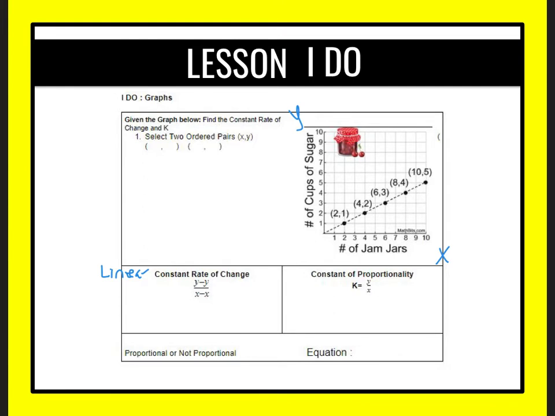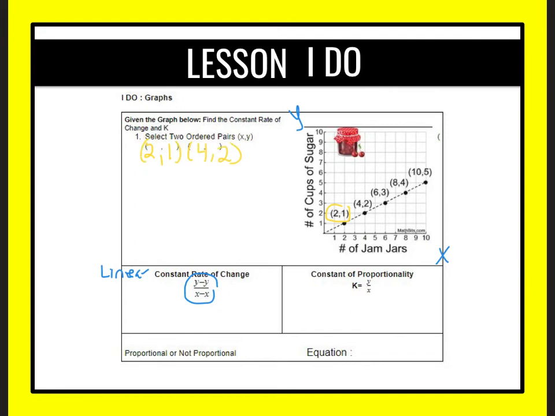One thing I like y'all to do, since I know in order to find the constant rate of change, I need to take my change in y over change in x, is I like to get two ordered pairs from the graph. So I'm going to go ahead and take the first ordered pair, which is 2, 1, and then 4, 2.